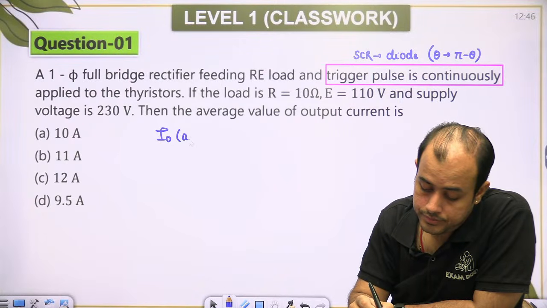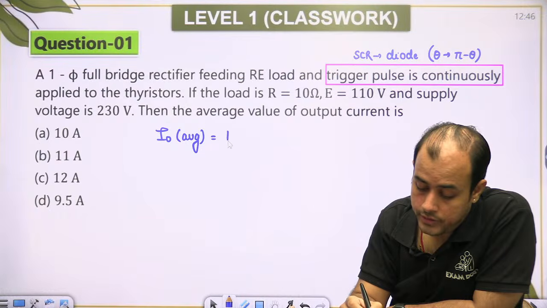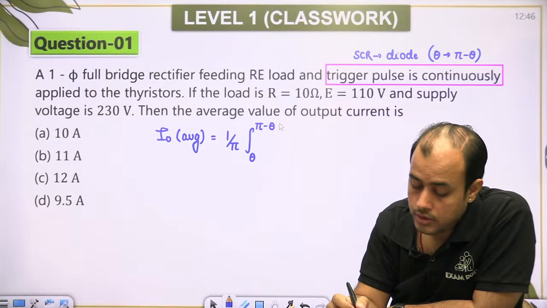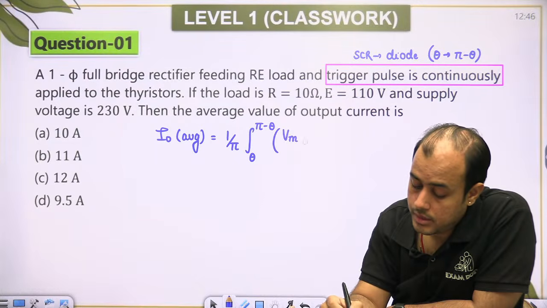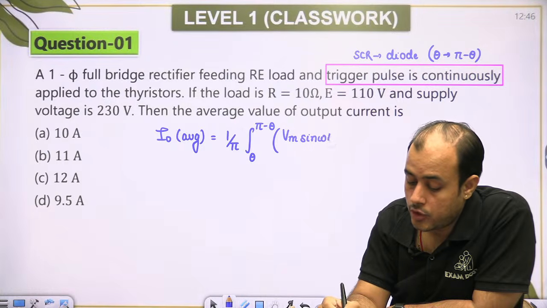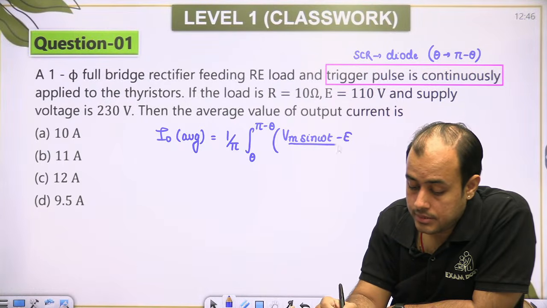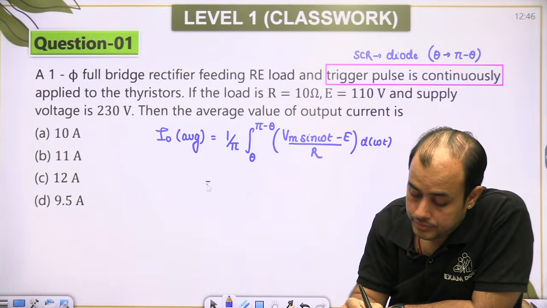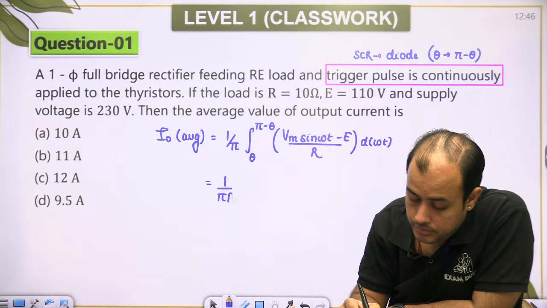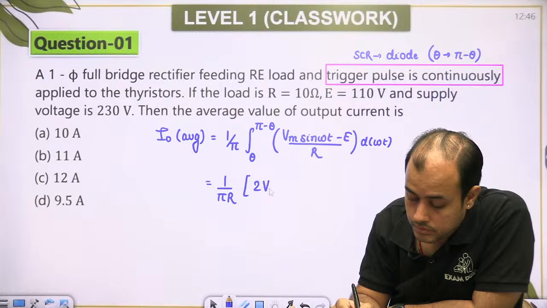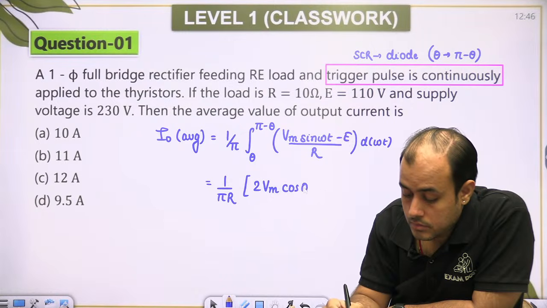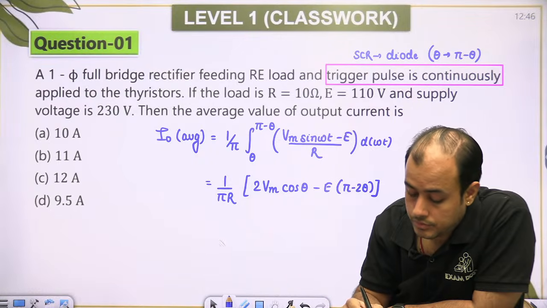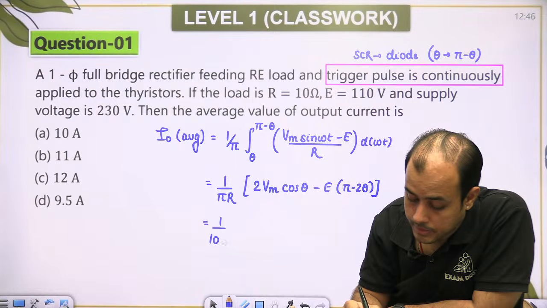Now see, it is a full wave rectifier. So period is pi. इंटीग्रेशन फ्रॉम थीटा टू पाई माइनस थीटा, 1 by 10 pi.